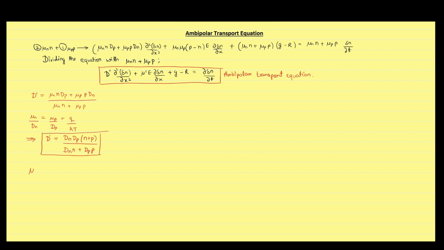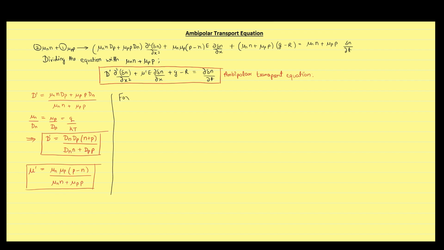And we have mu dash, which is the effective mobility of excess charge carriers, which is equal to this. We have taken a general semiconductor.